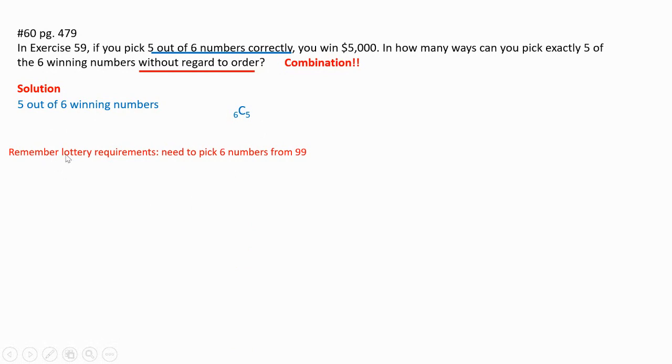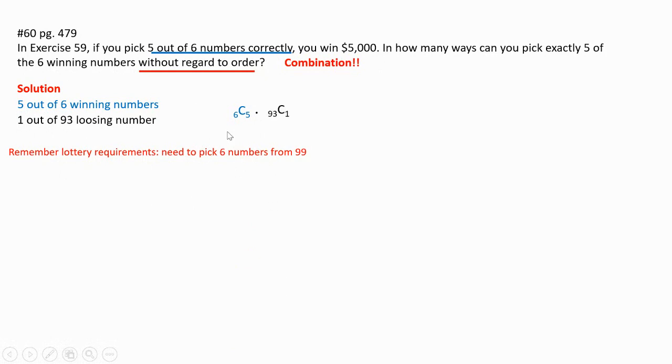Now, remember, the lottery, we need to pick 6 numbers from 99. So, right, if we already got the 5 out of the 6, so it's going to be 1 out of 93 is left, because 5 and the 1 will be the 6 from the winning numbers, and 6 plus the 93 will give us the 99 total numbers that we have to choose from.